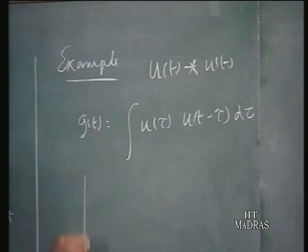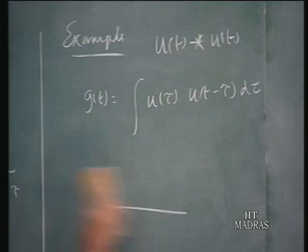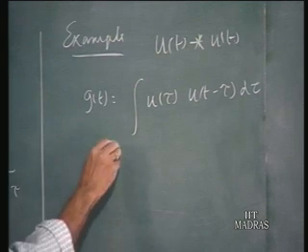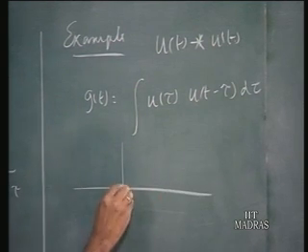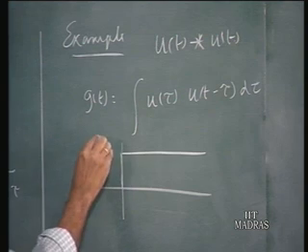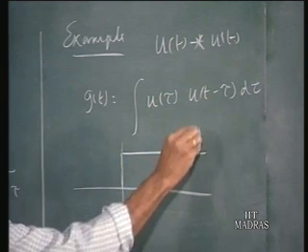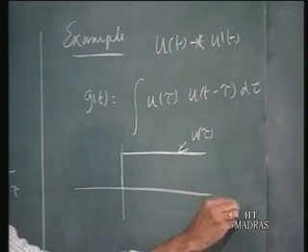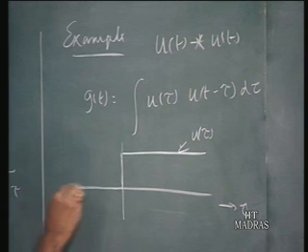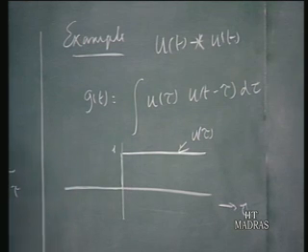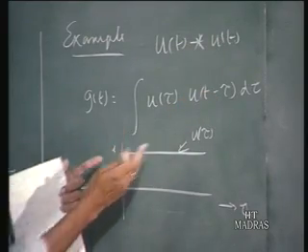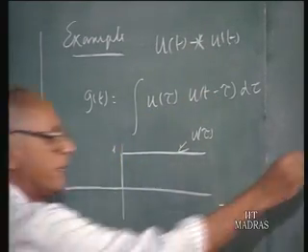Now you take first of all u of tau, this is 0 here and this is equal to 1. Now to picturize this, u of tau is like this, u of minus tau will be something like this.